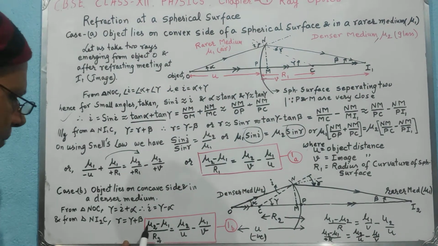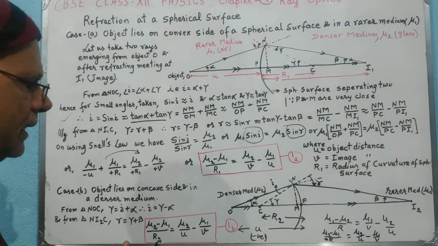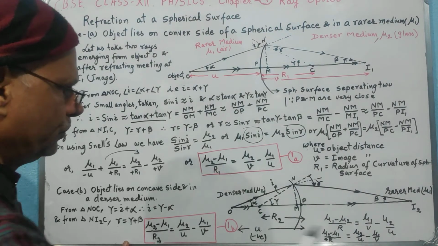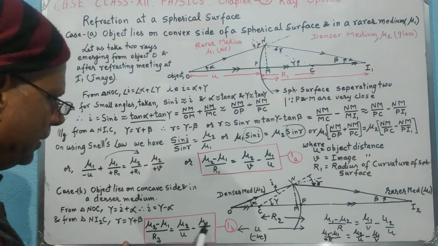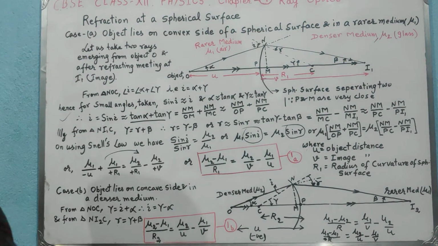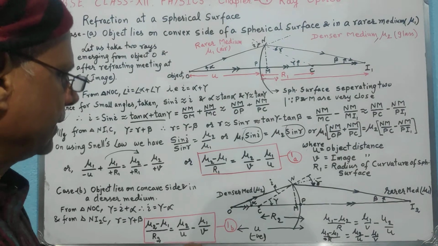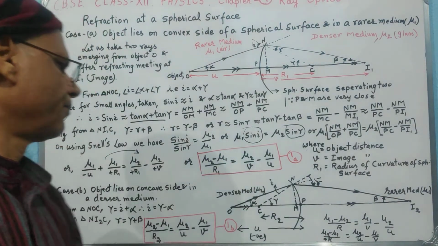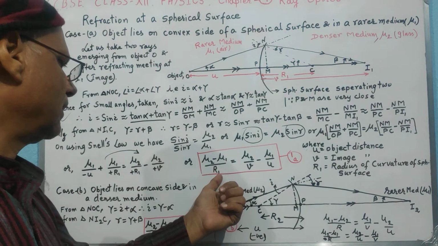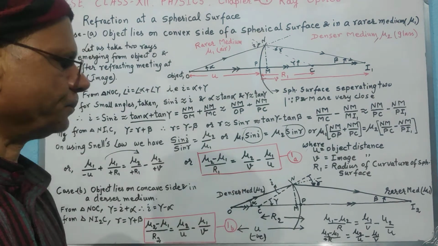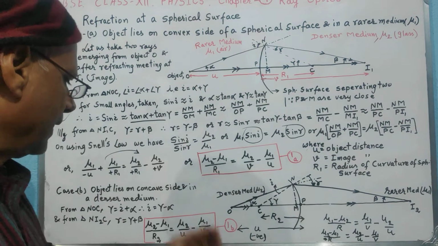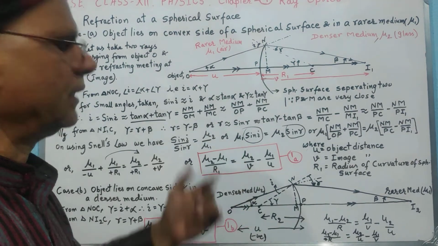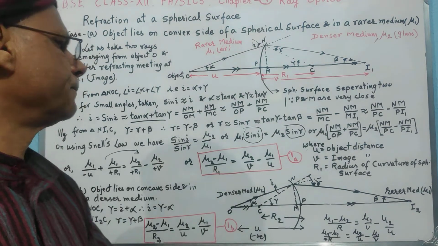So we got the same thing: mu2 minus mu1 by r equal to mu2 by u minus mu1 by v. We only need to exchange mu1 and mu2, and we ignore the suffixes r1 and r2. This is how we can get this expression without really deriving it whenever it is required.